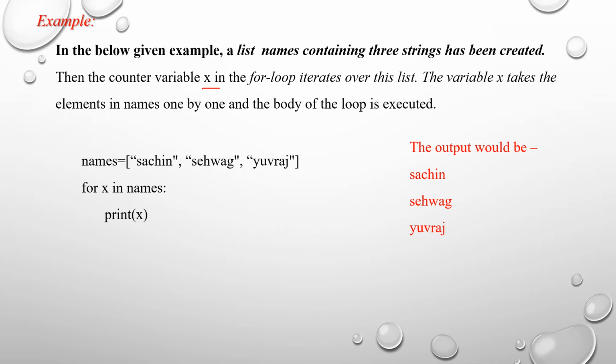Here names is equal to Sachin, Sehwag and Yuvraj. After that we call the definite for loop. This is the header of the for loop: for x in names, where x is the variable name and in is the keyword. Names consists of Sachin, Sehwag and Yuvraj.